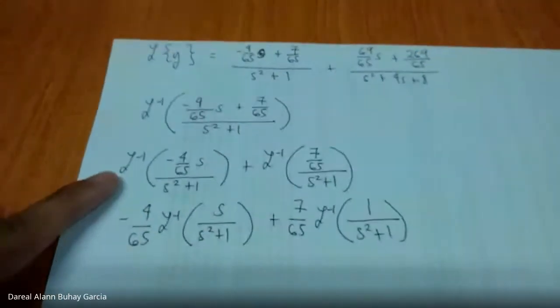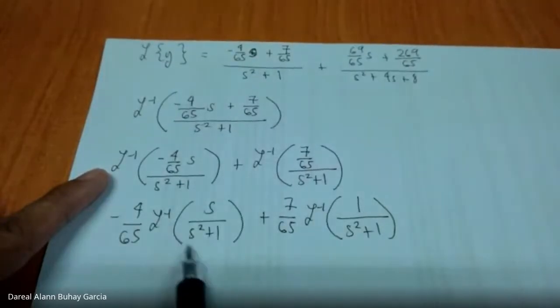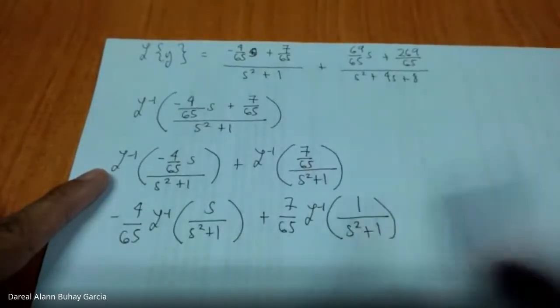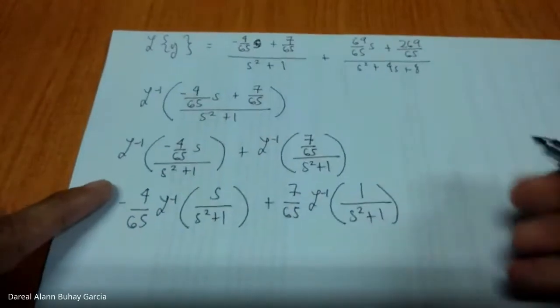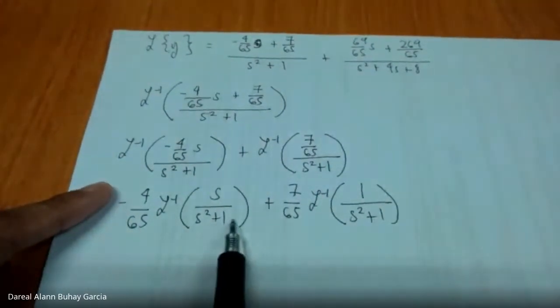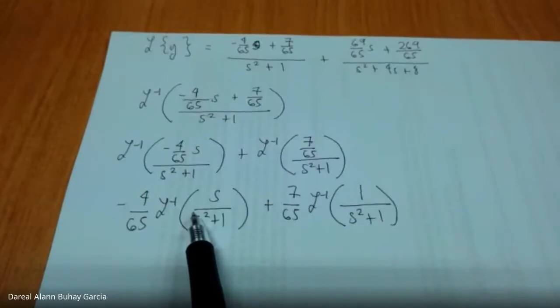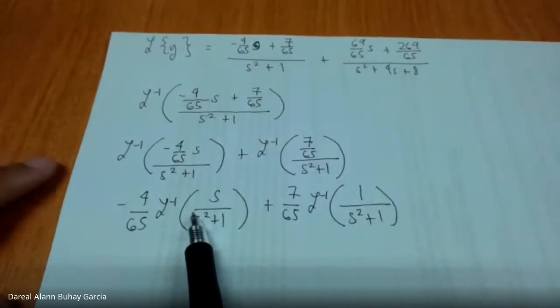Right. So directly using the table, we find the inverse Laplace. The inverse Laplace of s over s squared plus a squared is cosine at, where a is equal to 1.